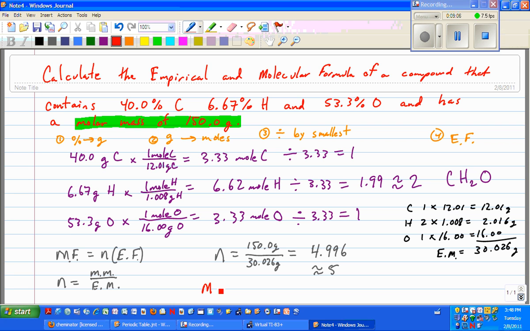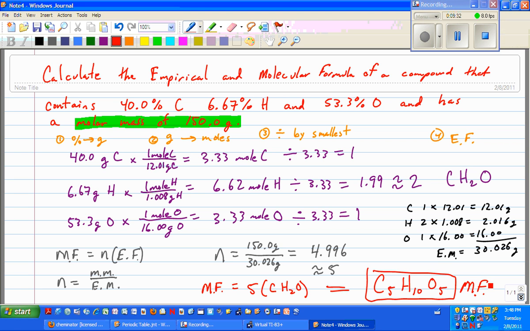We're now ready to calculate our molecular formula. That molecular formula is going to be equal to n, which we just figured out as 5, times our empirical formula, which is CH2O. We distribute that 5 through, and we get C5H10O5. So this is my molecular formula, which we were asked for right here.